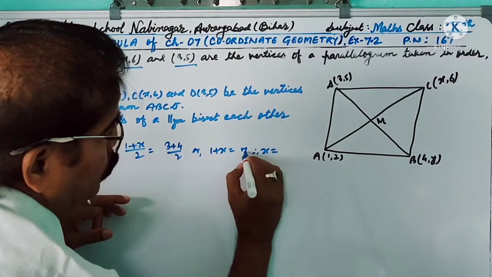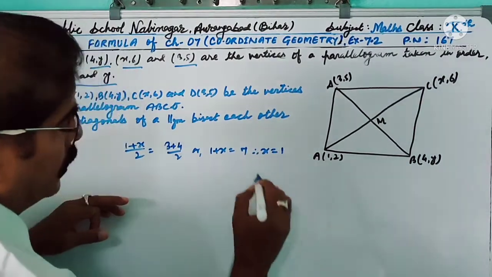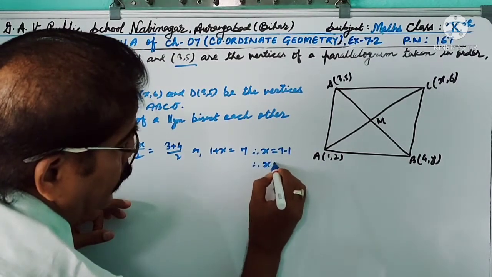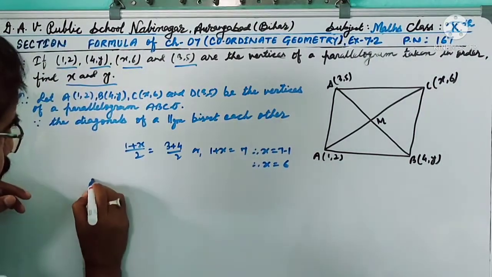Therefore x equals 7 minus 1, that is 6. So x equals 6.